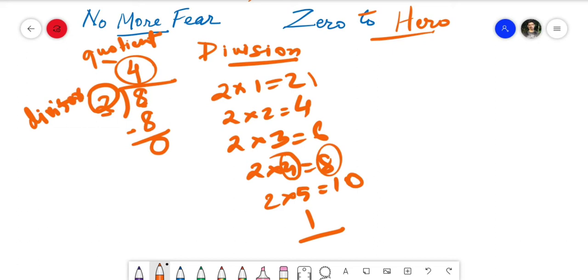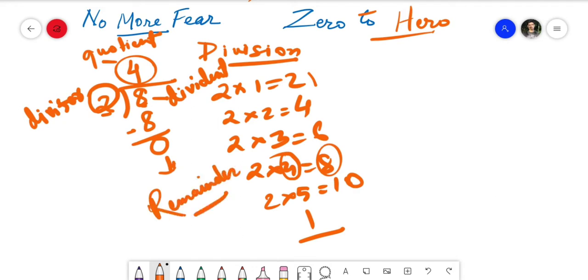And this is called dividend. And this is called remainder. Remainder in short I can say bacha hua. Okay, this is called remainder. This is quotient, divisor, dividend, and remainder. Am I making it clear? Means can you understand it properly? That this is quotient, this is divisor, and this is remainder, and this is dividend.